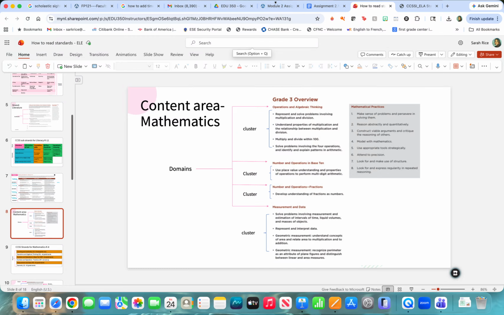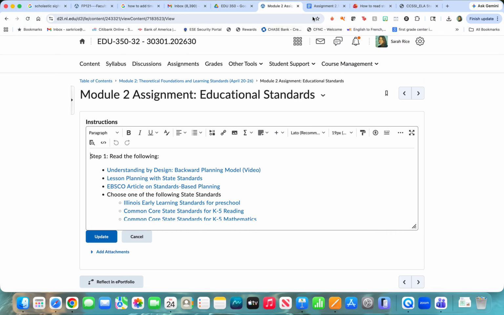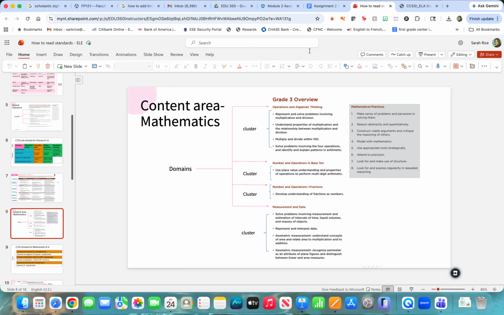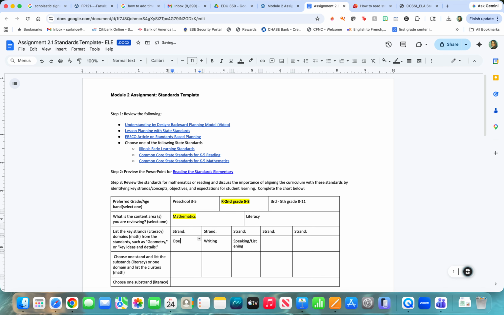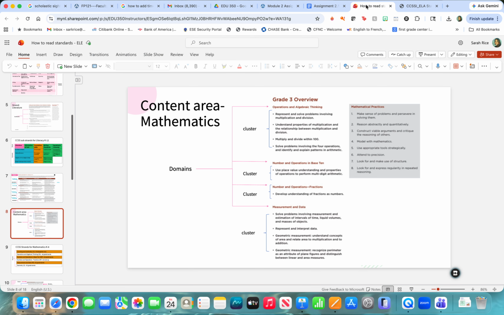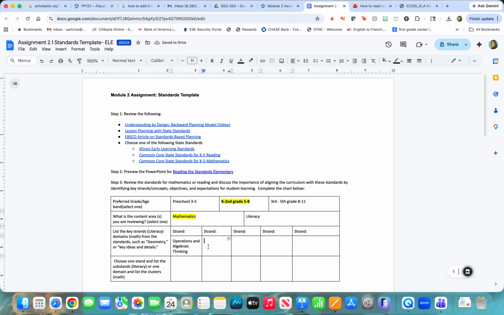So if I'm doing math, then I would write that here where it says strands. So it would be operations and algebraic thinking, numbers and operations in base 10, and so on.